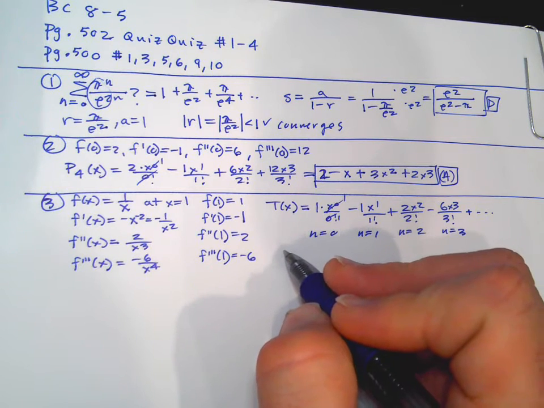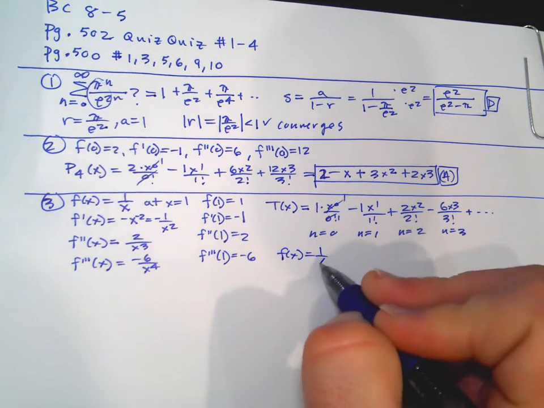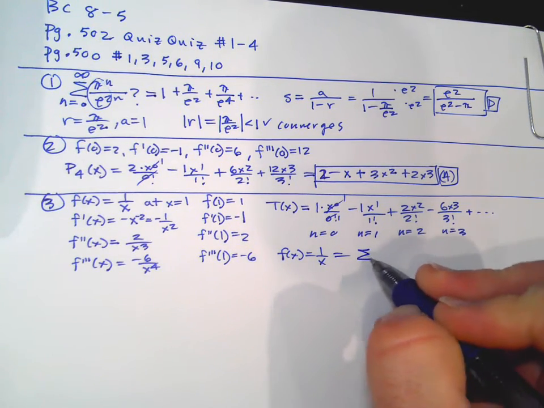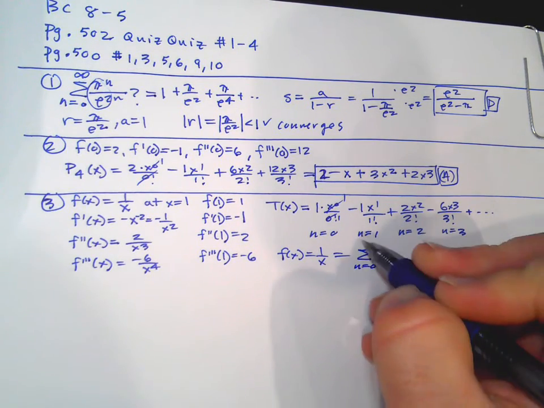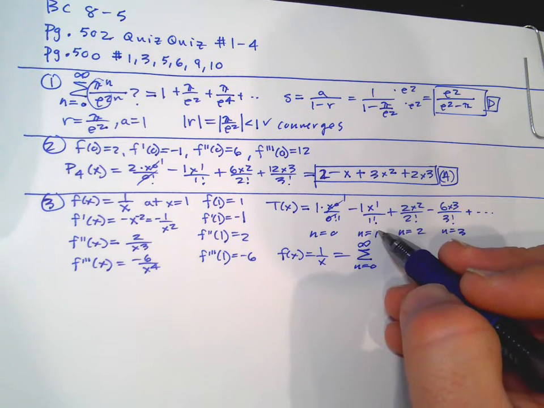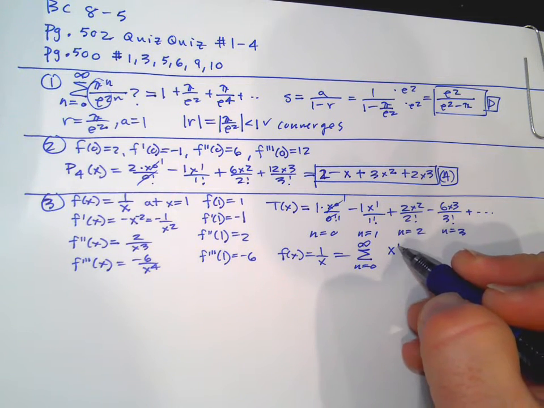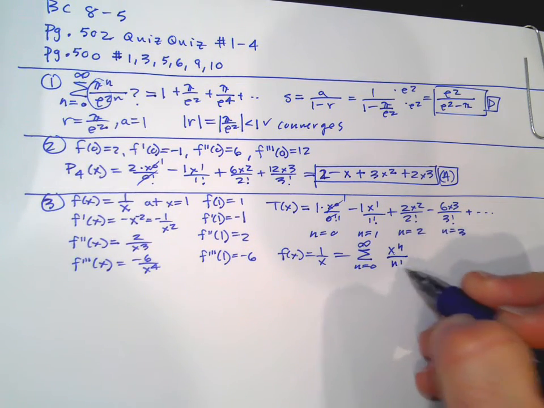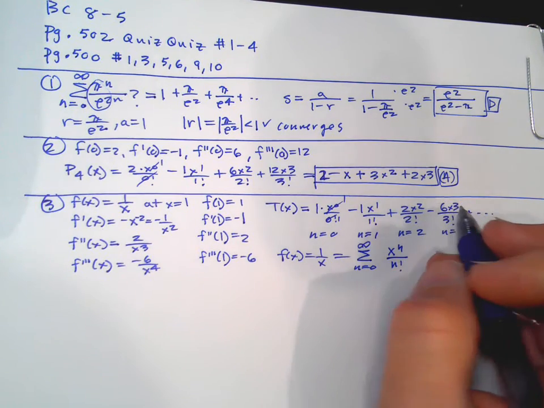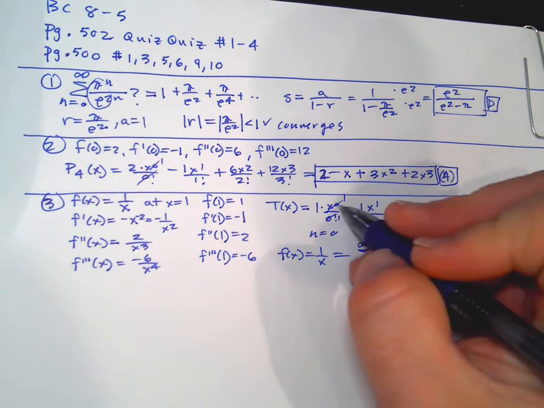So could we write f of x equals 1 over x equals closed form, n equals 0 to infinity? It looks like it's always x to the power of that number over that number factorial. So there's going to be an x to the n over n factorial for sure. Oh, shoot. I forgot something. It's supposed to be minus 1.